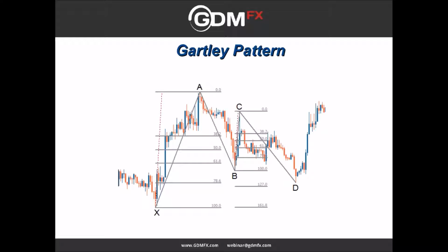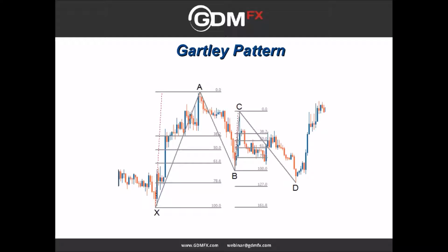And we don't really expect to see a perfect pattern with supporting and resisting on levels like 68.8 or 78.6. So we just need something approximate, but the higher importance carries the final leg, which is the CD leg, and as I mentioned, the most important part of this pattern.